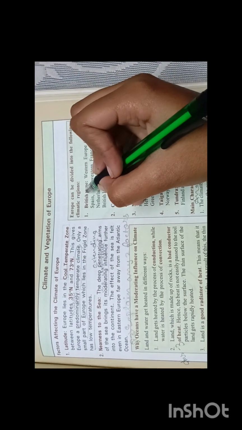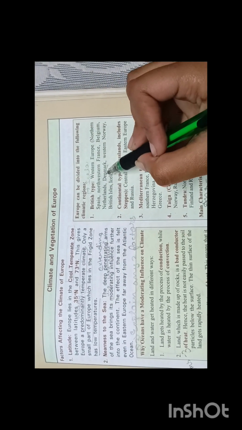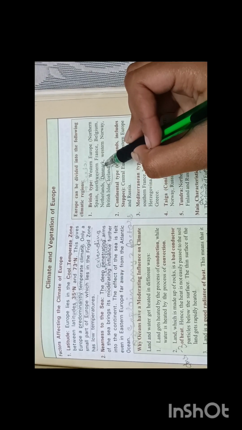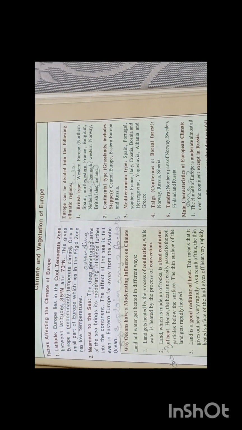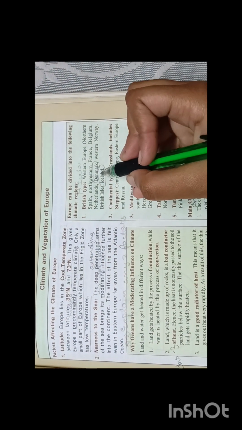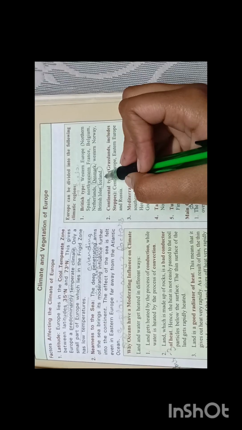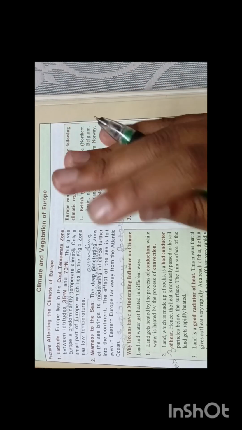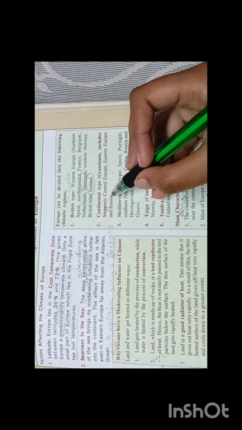In British type, it's better if you learn Iceland and Denmark. Denmark and Iceland are located together if you know. British type, Denmark, Iceland.